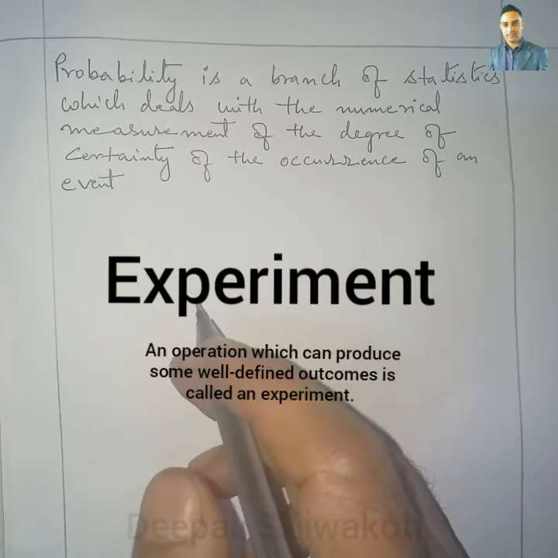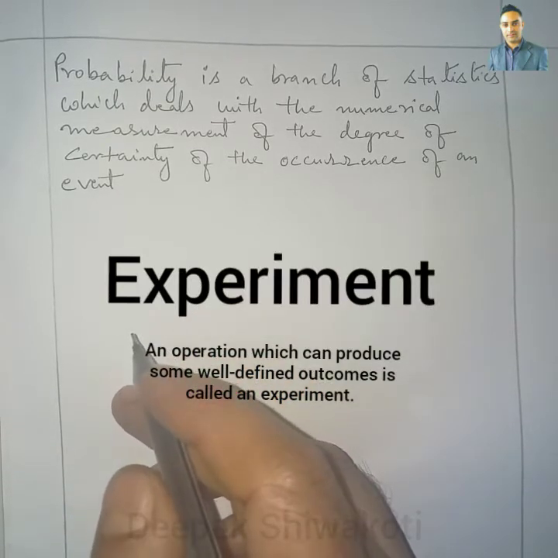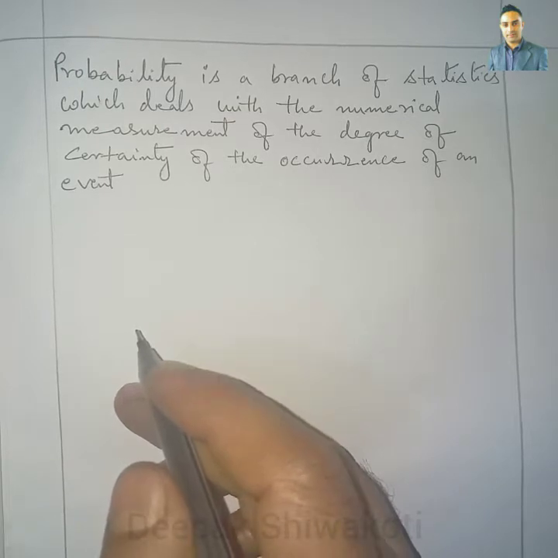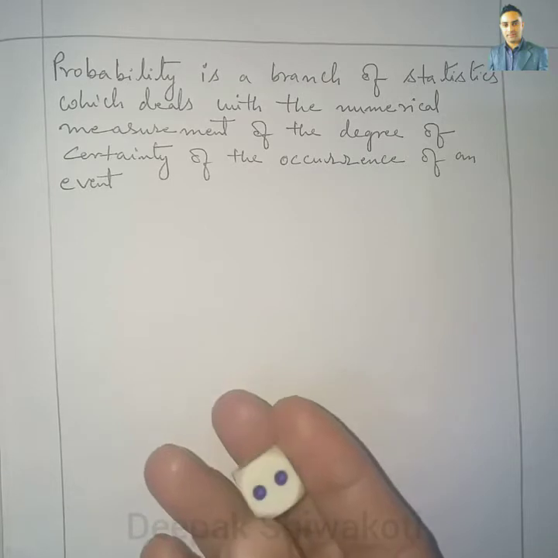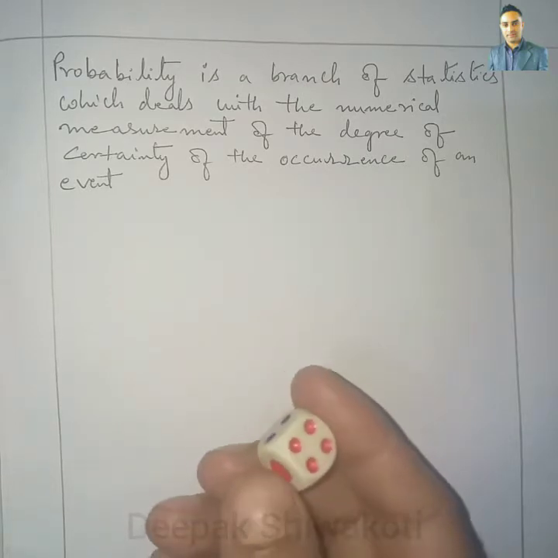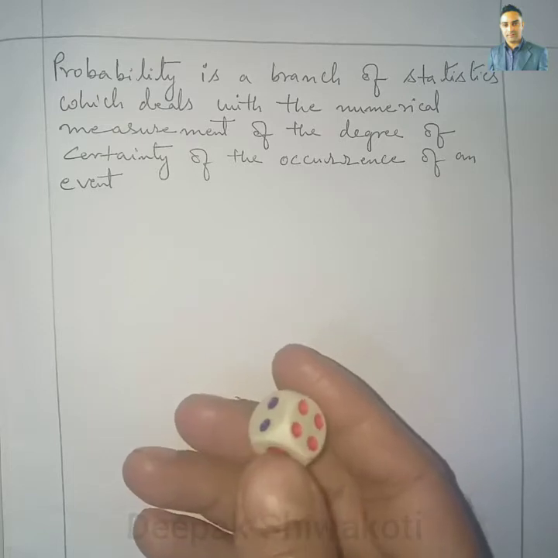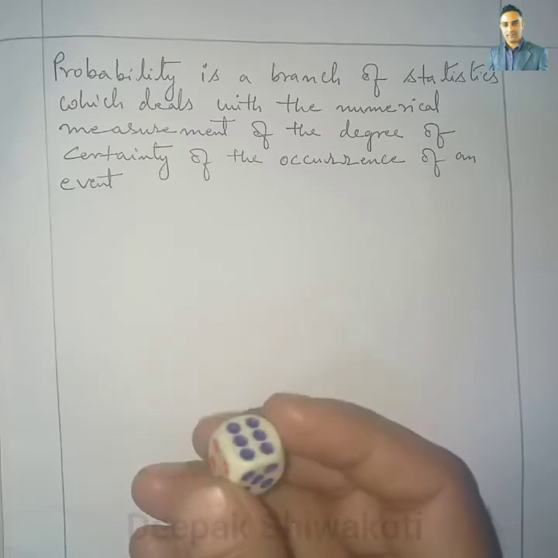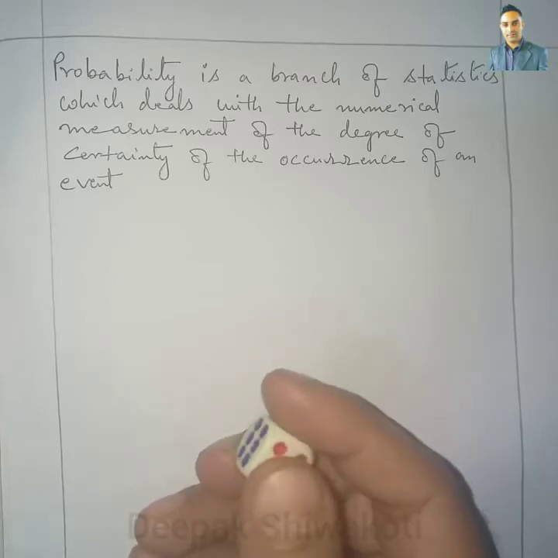So experiment is an operation which can produce some well-defined outcomes, okay? Like when we roll a die, okay? Here the outcomes we know, that is 1, 2, 3, 4, 5 and 6, okay? So these outcomes are well defined, okay?